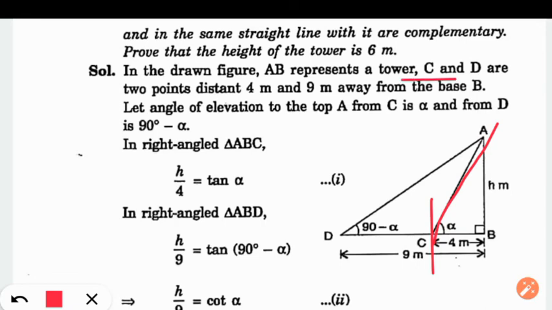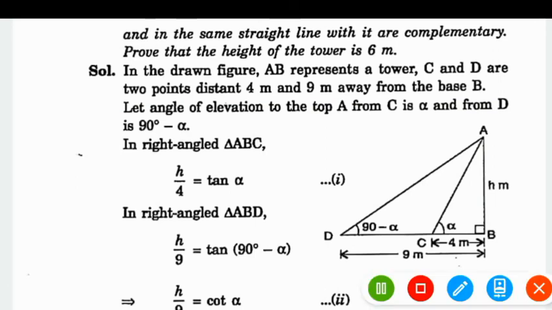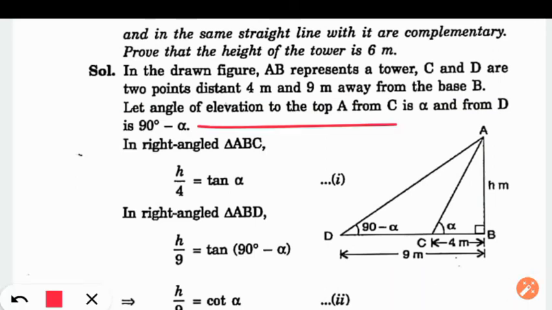So, what I have written here, C and D are the 2 points distant 4 meter and 9 meter away from the base B. So, let the angle of elevation to the top of the tower from the point C be alpha, and from the point D it will be 90 degree minus alpha, because they are complementary to each other. Complementary means by adding 2 angles, the sum must be 90 degree. So, if this angle is alpha, it should be 90 degree minus alpha.